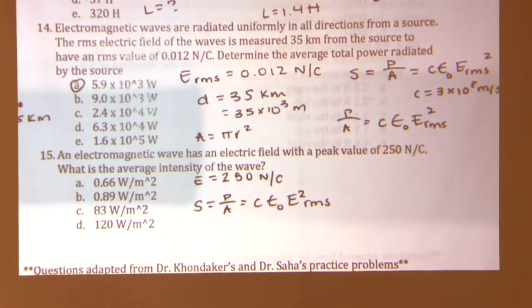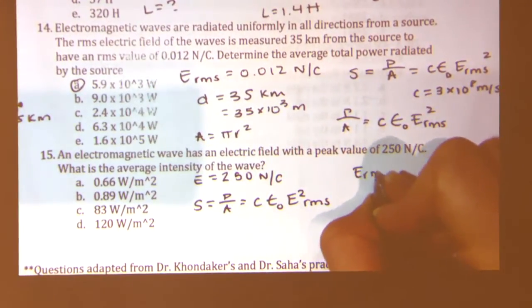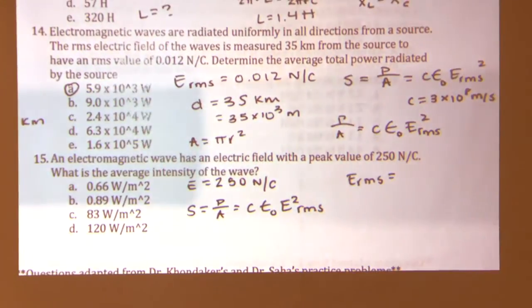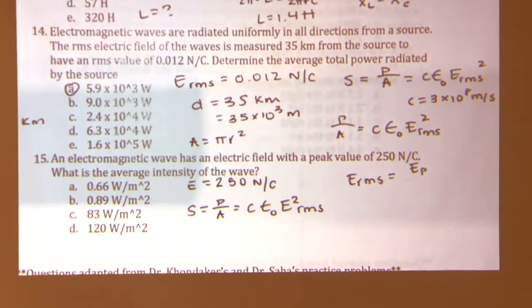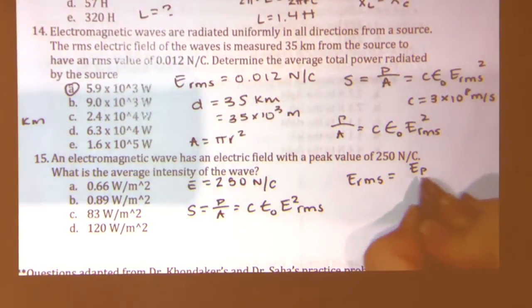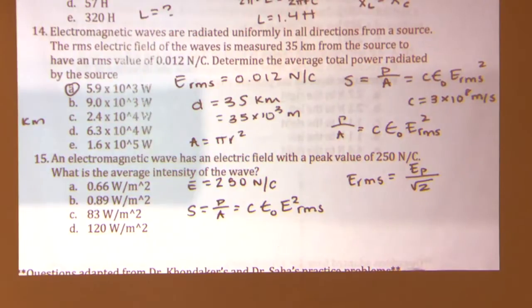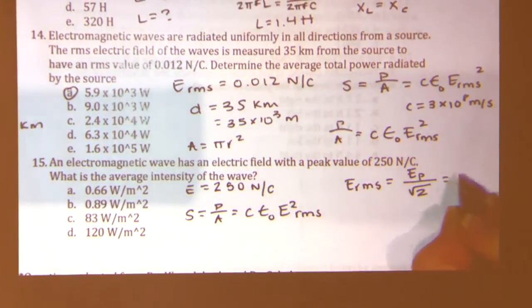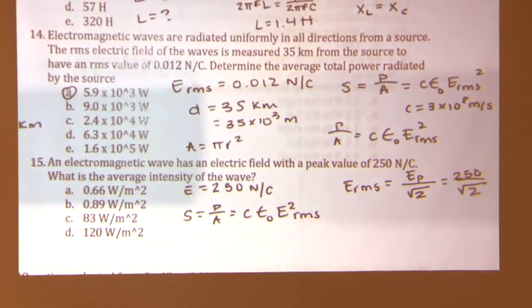So now we have to solve for the RMS value of that electric field first, which I would just kind of memorize. I don't know if this is on formula sheets or not, but I know it's in the book, where your E RMS is equal to your E peak over square root of 2. So this will be 250 over square root of 2, which I'm not sure what that comes out to, probably a little over 200.